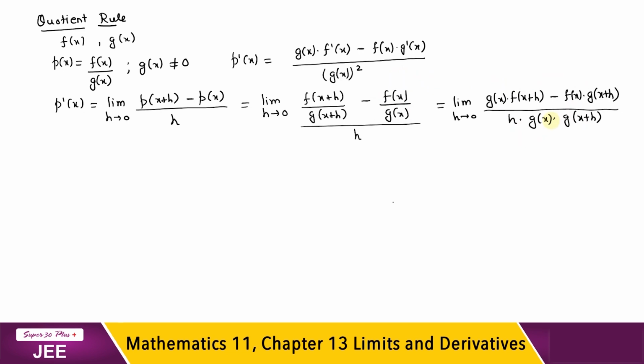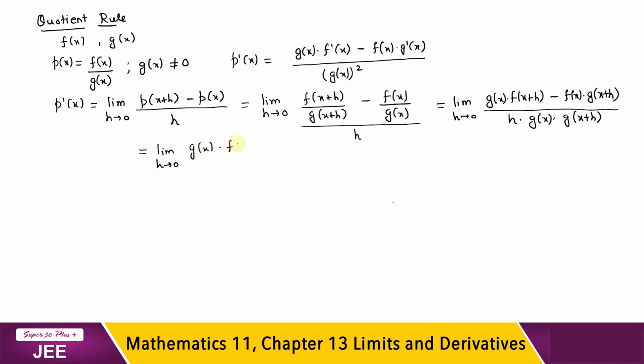Now again in the numerator, in order to arrive at this result, we have g x along with f dash x, but here we have f of x plus h, and f dash x can be created when we have f of x plus h minus f x divided by h. So what we are going to do? We are again going to add something and subtract that same quantity so that the expression is unchanged.